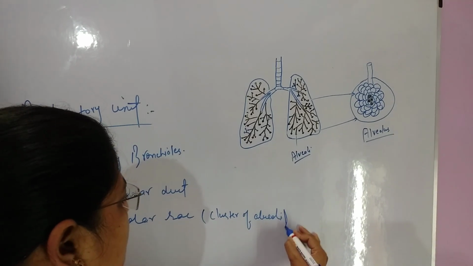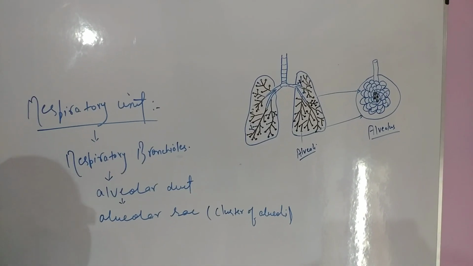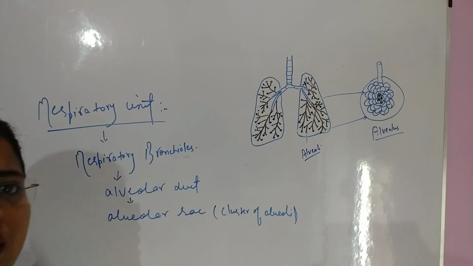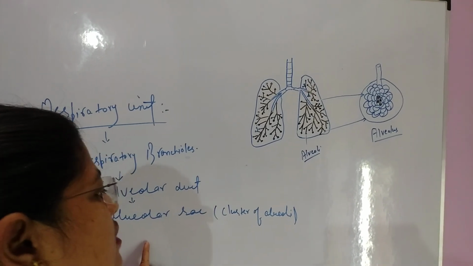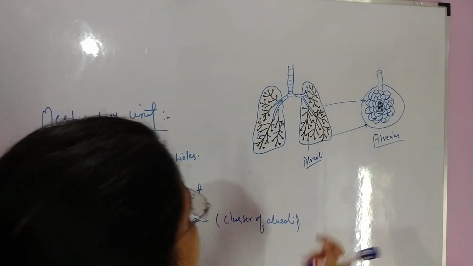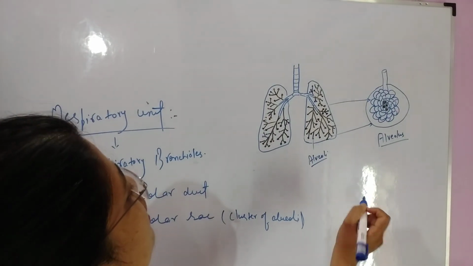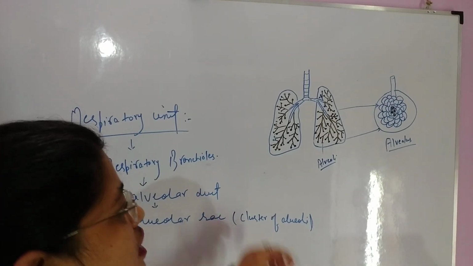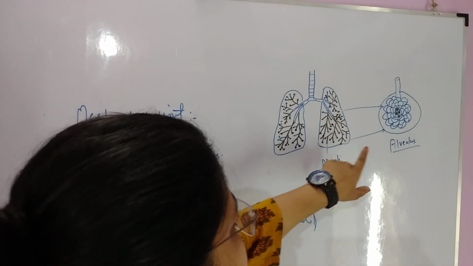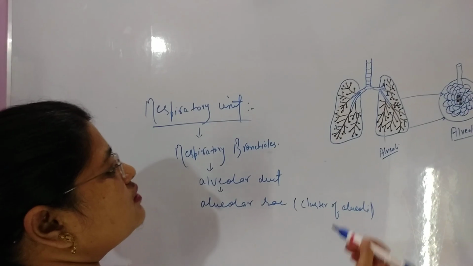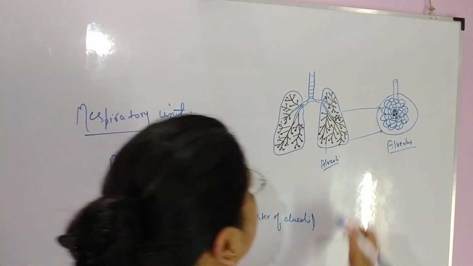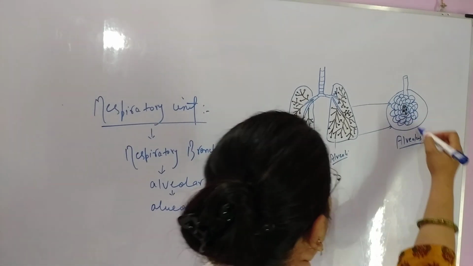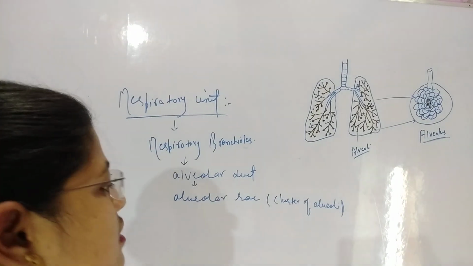This alveoli is surrounded by an alveolar sac, and you can see here that a number of alveoli are seen inside lungs as pouch-like structures. The pouch-like structure is the alveolus.